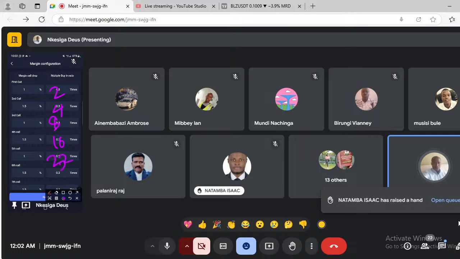And the drop is 0 point. Are you getting my point here? You wasted a lot of money here. You used all your money buying after drop of 0 point. Instead of having many margin calls, now you are buying only 5 times and your 500 is done. Can you imagine?